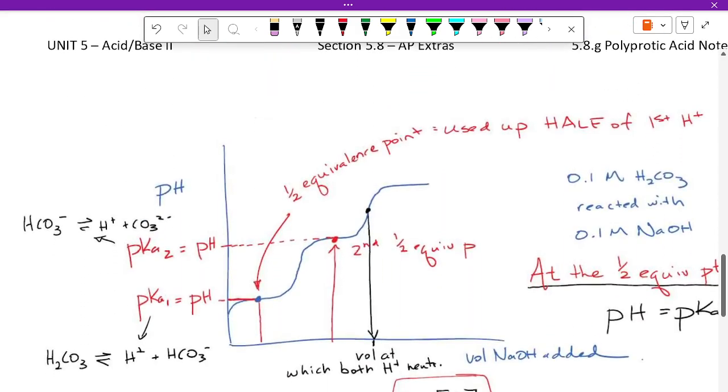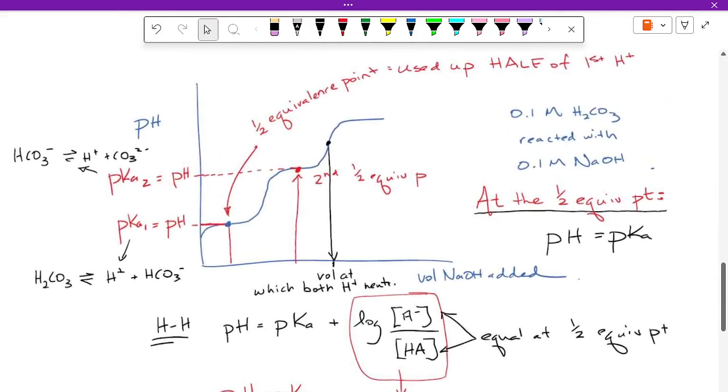Oh, look, we have the half equivalence point here, which we already talked about, right? And here's our Henderson-Hasselbalch equation. Why are we using the Henderson-Hasselbalch equation here?